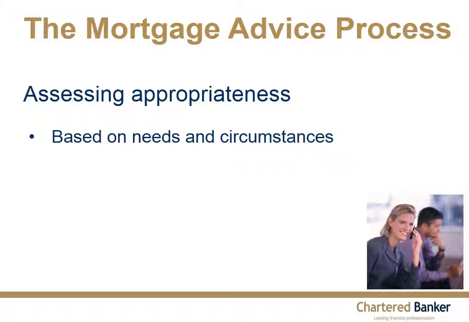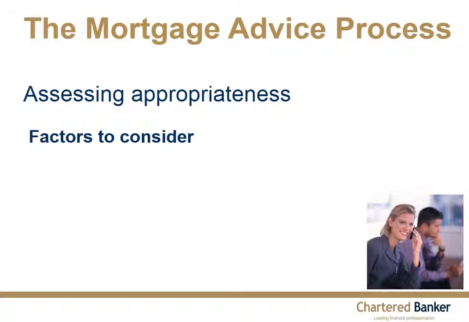This should be based on the facts disclosed by the customer and any other relevant facts about the customer which you are or should reasonably be aware of. As well as needs and circumstances, there are 9 factors to consider when assessing appropriateness during the advice process. Let's look at each of these factors in turn.